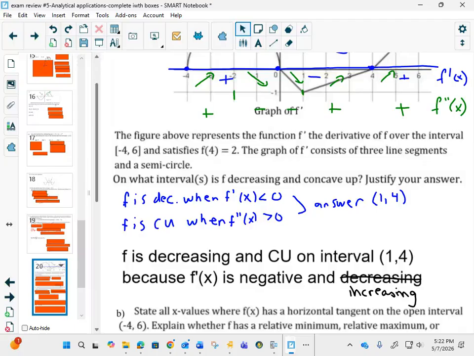Does it make sense that when f prime is increasing, f would be concave up? Because f prime increasing means f double prime is positive, which would then mean that the original function would be concave up.